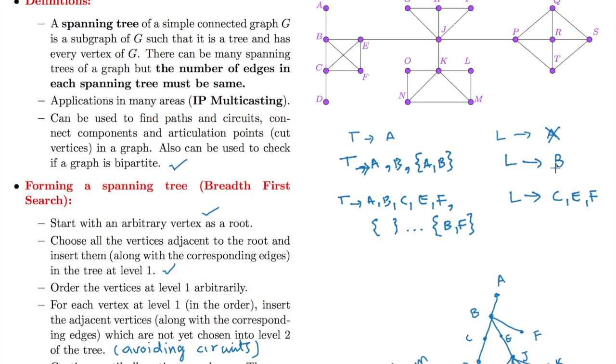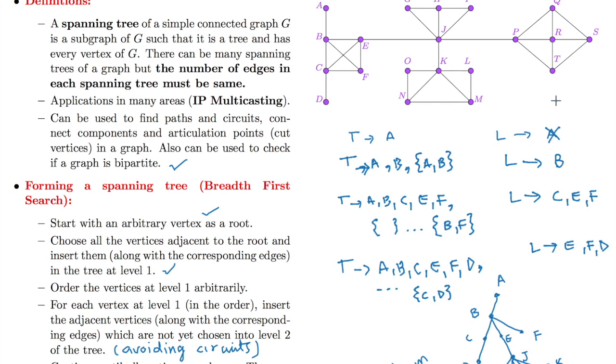Now note the order here. First I will check with C. For C I have D, so I put D there: A, B, C, E, F and D with the corresponding edges, and the last edge will be C, D. Then L will not have C, but it will have E, F and D. Similarly, I'll check with E, then with F, and so on. This way I will keep going until L is empty.